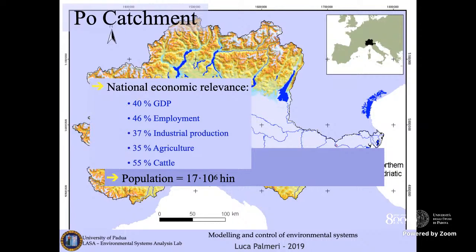In terms of GDP, 40% of the GDP is produced in this area, and 46% of employment for Italy comes from this area. We have 37% of industrial production, but we have also a very significant agricultural activity, 35%, and also zootechnical or cattle raising activity up to 55%.